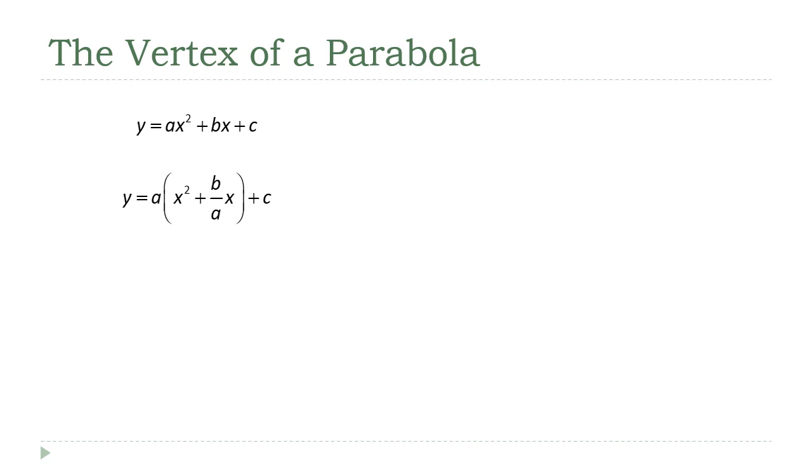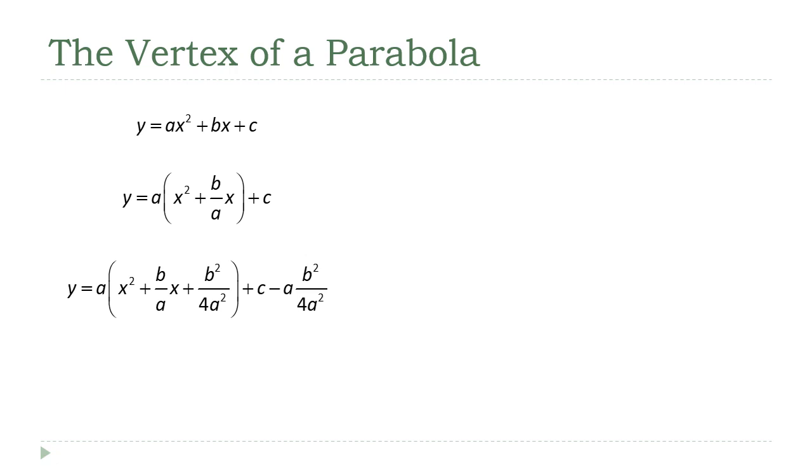So now remember, to complete the square, I have to take that b over a, divide it by 2, and square it. Right? So if I do that, I'm going to get b squared over 4a squared. So that's what I'm going to add inside the parentheses. Remember, to offset that, I need to subtract not just b squared over 4a squared, but I have to multiply by that a that's outside the parentheses.